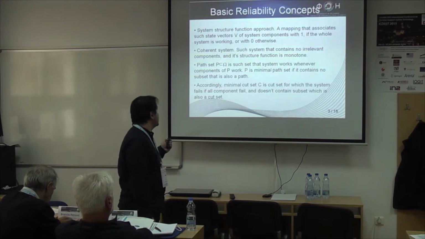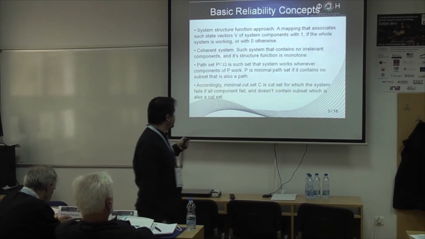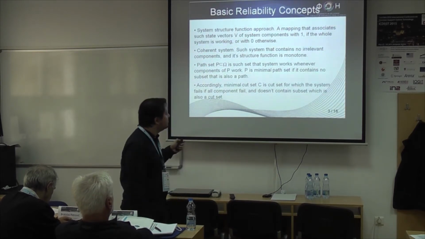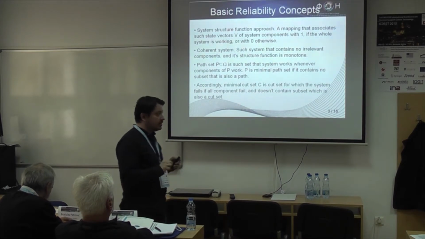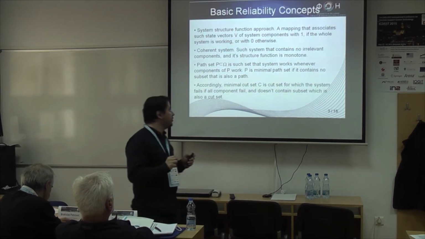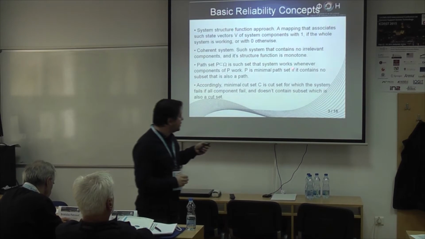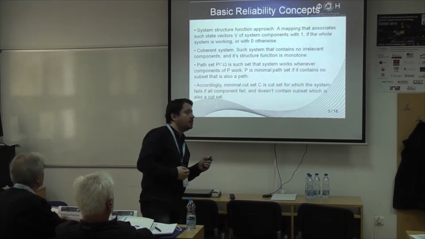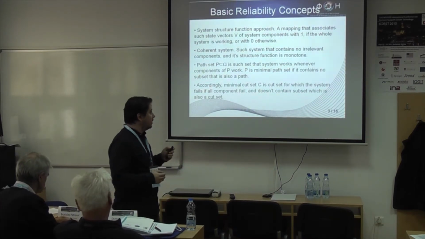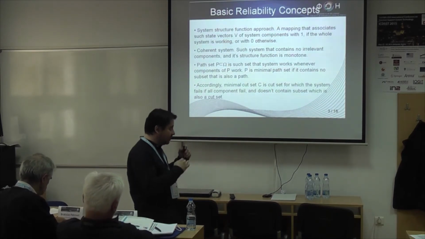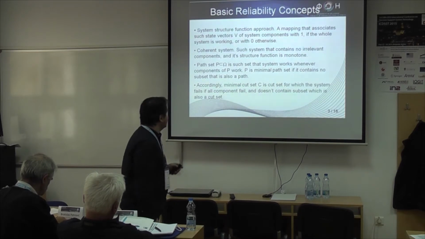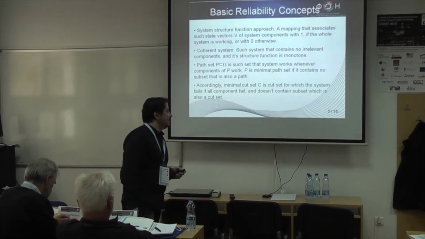Next, we introduce the concept of a coherent system. It is a system that contains no irrelevant components, and its structure function is monotone. The monotonicity guarantees that if we repair one component, the reliability of the whole system is not going to be reduced. So it's a logical assumption.